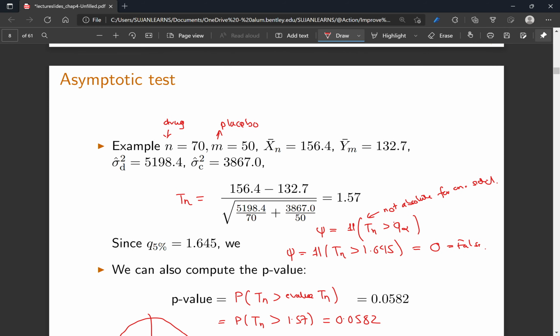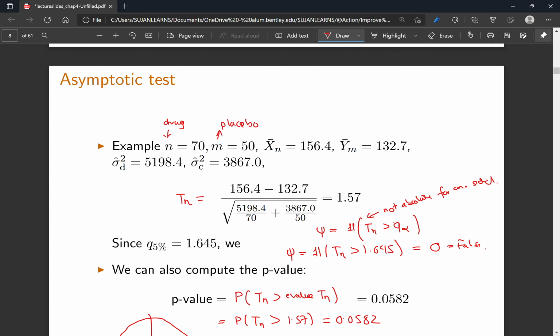Then we took an example where we were given values of n, m, the sample average for x n and the sample average for y m, and the sample variance for control and the sample variance for the test group.